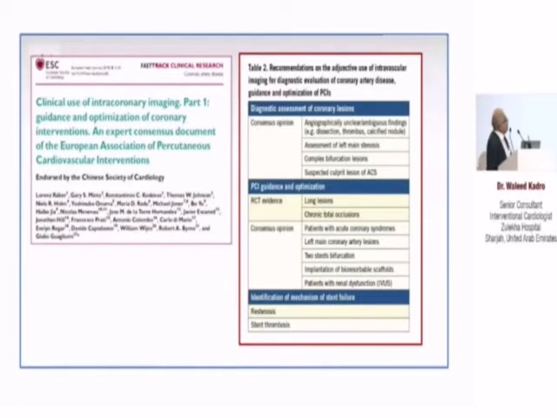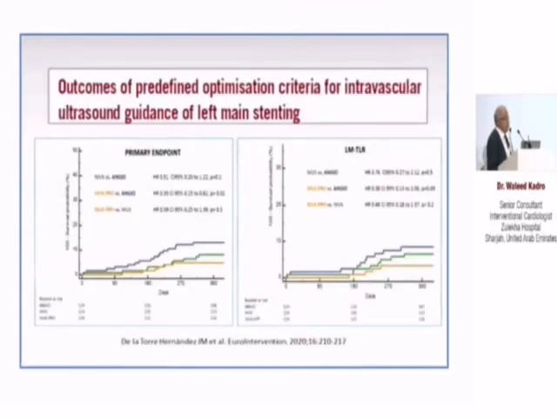So we did review, this is the guideline for assessing the left main stenosis and assessing the guidance optimization for left main intervention. Now, if we use the predefined optimization that we talked about compared to the IVUS, we'll get the best result.